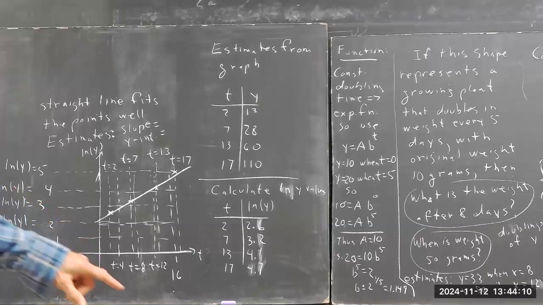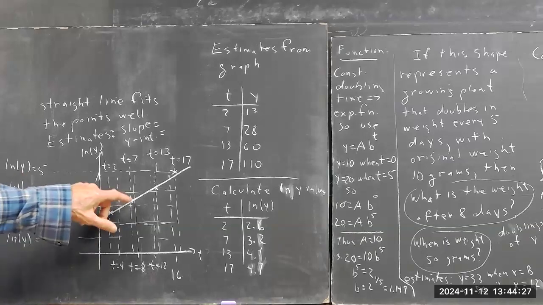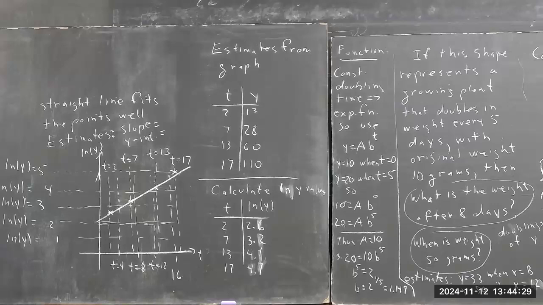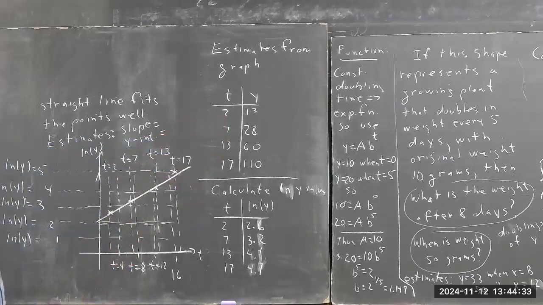Since the natural log goes up to about 4.7, I use the line natural log of y equals 4. Cut that in half, I get natural log of y equals 2. Halfway again, I get natural log of y equals 1. Then halfway between 2 and 4 is 3. And I plot my points. They turn out to be pretty close to a straight line. So I sketch the straight line.